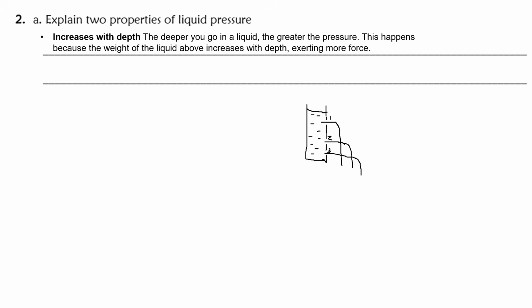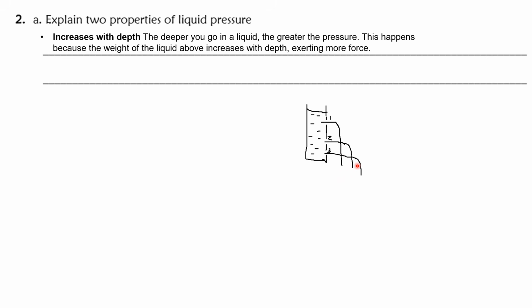So just say liquid pressure increases with depth, implying that the deeper you go in a liquid, the greater the pressure. The deeper you go inside the liquid, like water in a tall bottle, the greater will be the pressure. That's why this liquid goes the farthest. This hole here is shooting water the farthest.